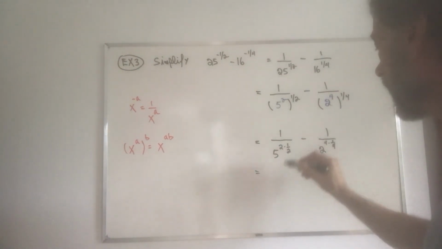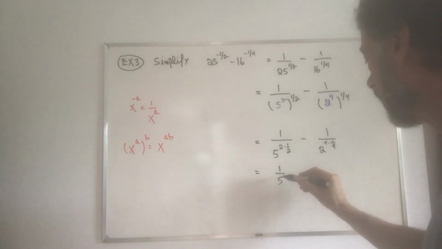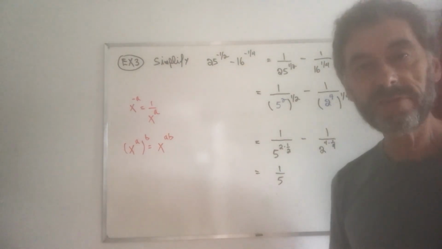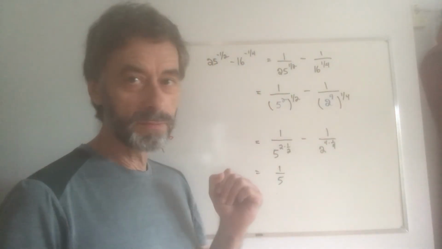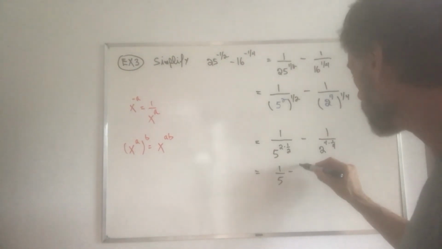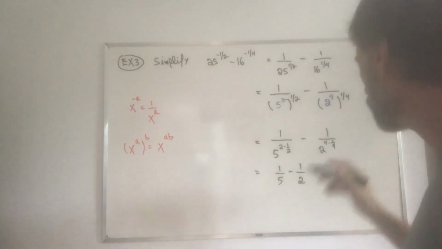And of course, that is 1 over 5 to the 1, right? 2 times a half is 2 halves, is 1. And 4 times a quarter is also 1. So, look at this. This is 2 to the 1.